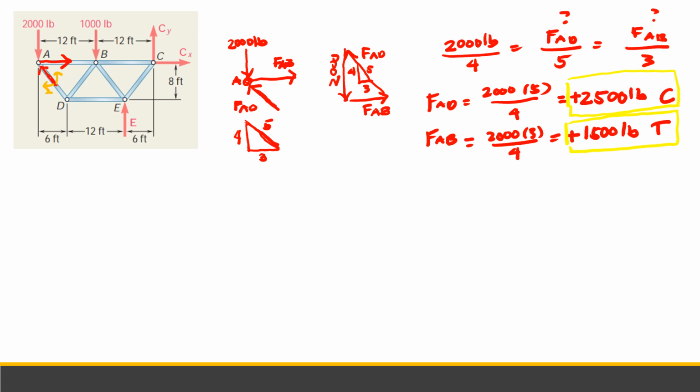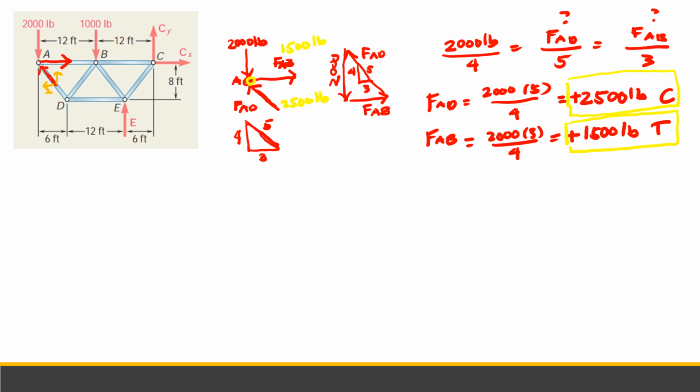Okay, so this is 1,500 and this is 2,500 pounds. Okay, so that is for joint A. Now, we'll find a joint where two members are unknown.